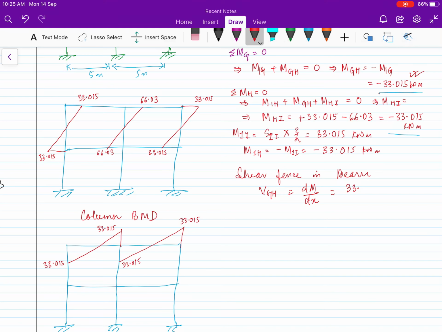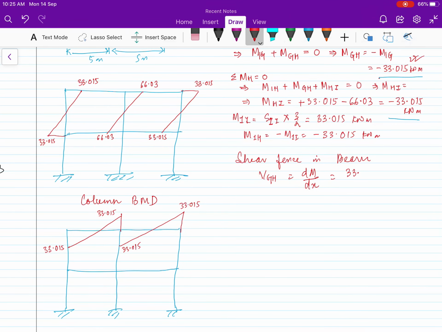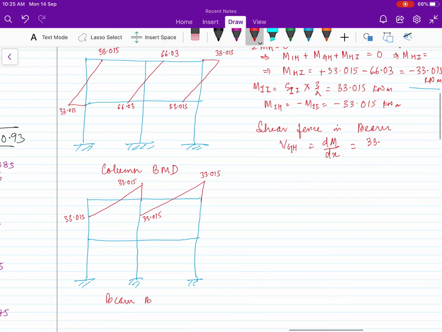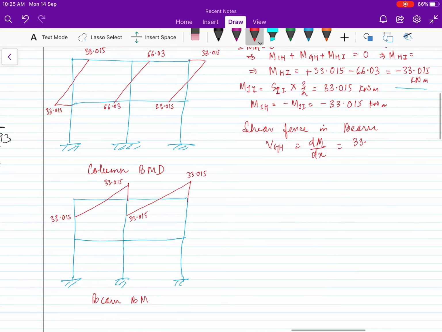Okay. Now coming to the shear force diagram. If you see, this is the beam BMD, bending moment diagram. So 33.015, this value and this value. I'm going to add 33.015 minus of minus, because one is positive, one is negative, and divide by the total span of 5 meter. If you divide this, you'll get 13.206 kilonewton.